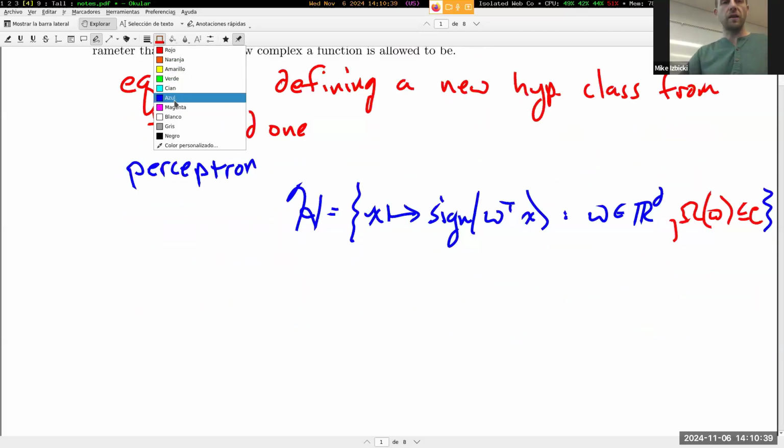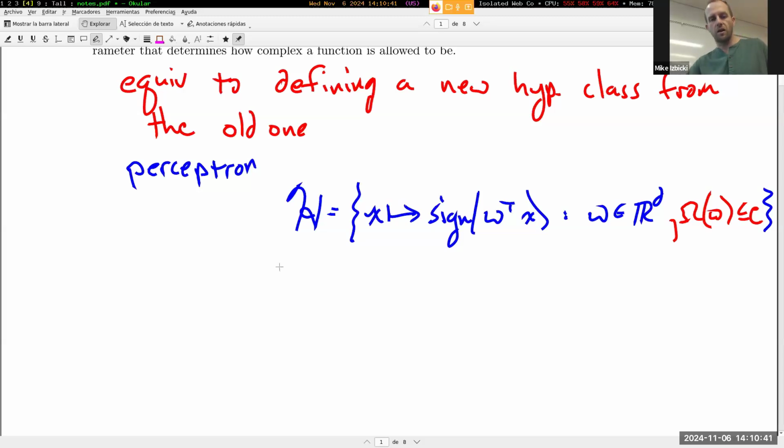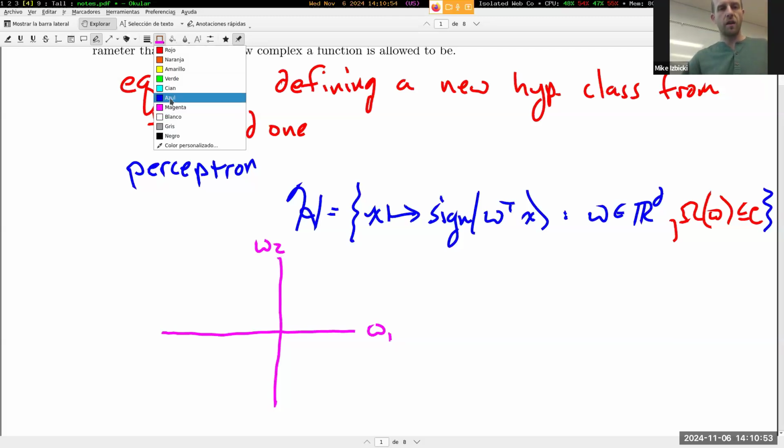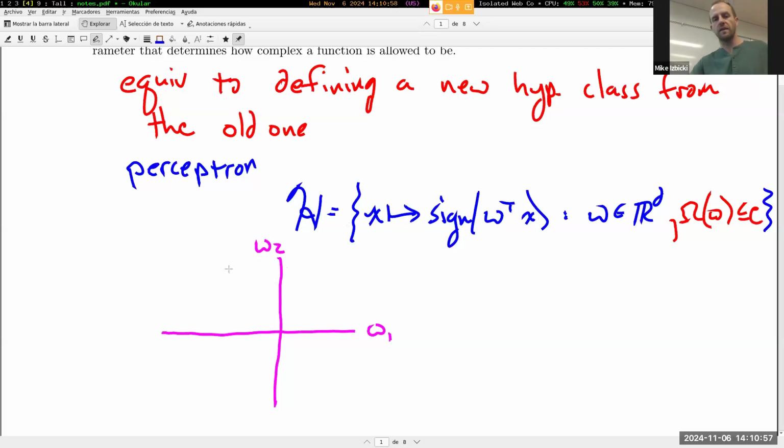Pictographically, what this looks like is, if we draw out our weight space in 2 dimensions, W1 and W2, the blue hypothesis class, the original perceptron hypothesis class, these were allowed to have W's contained anywhere in the space. There's no restrictions on where in this space these W's are allowed to be.